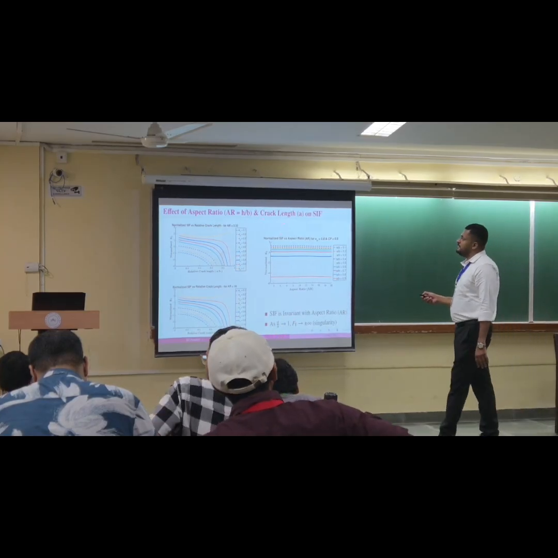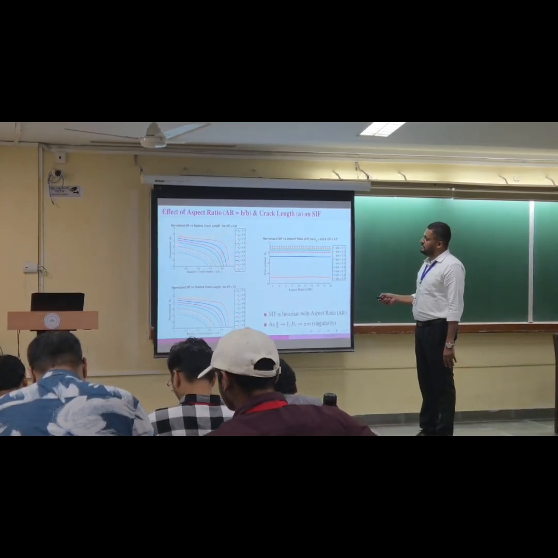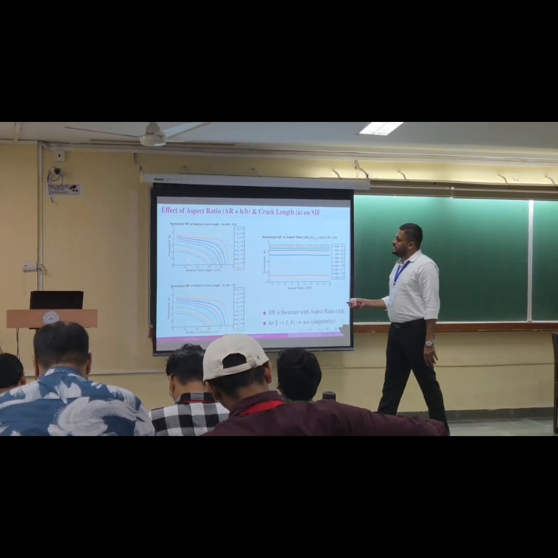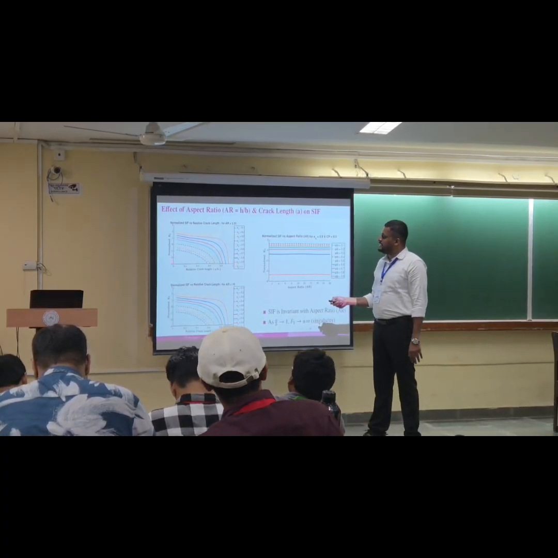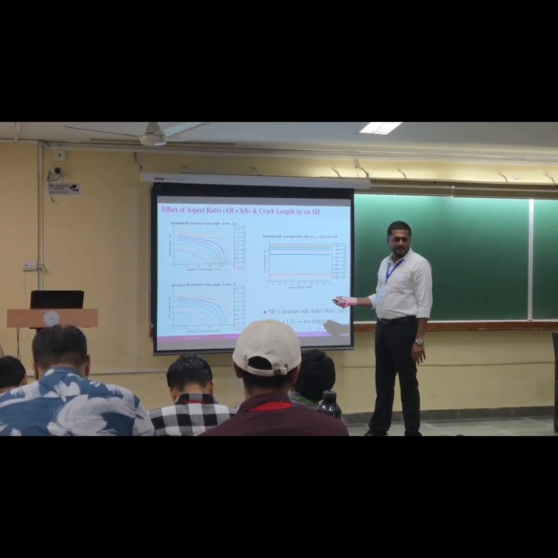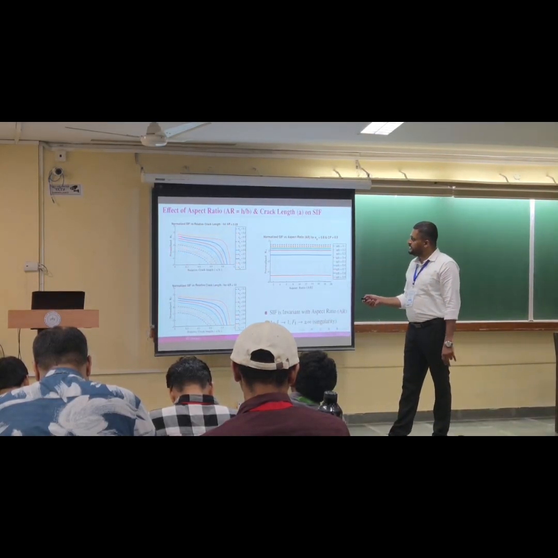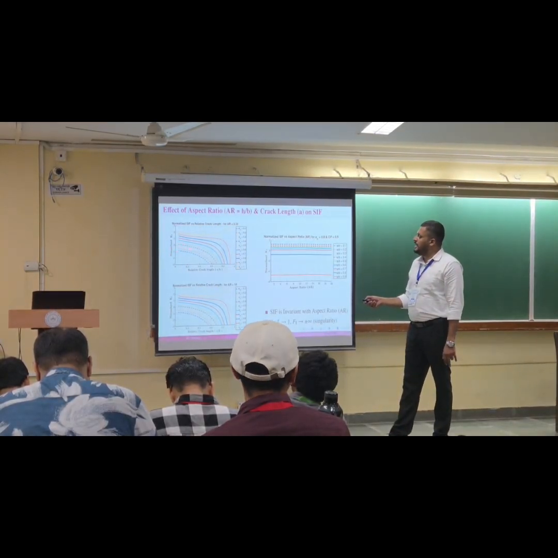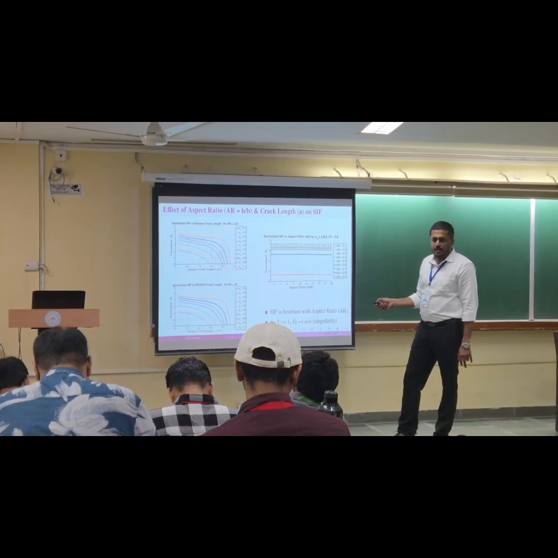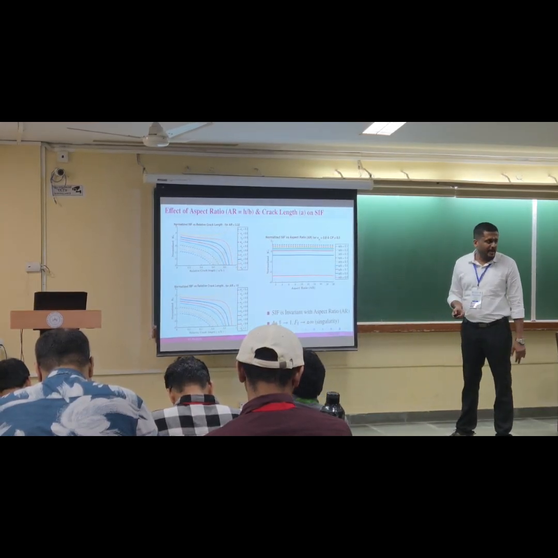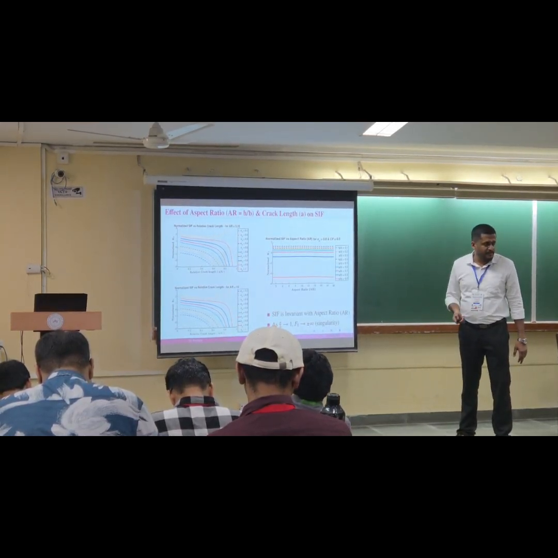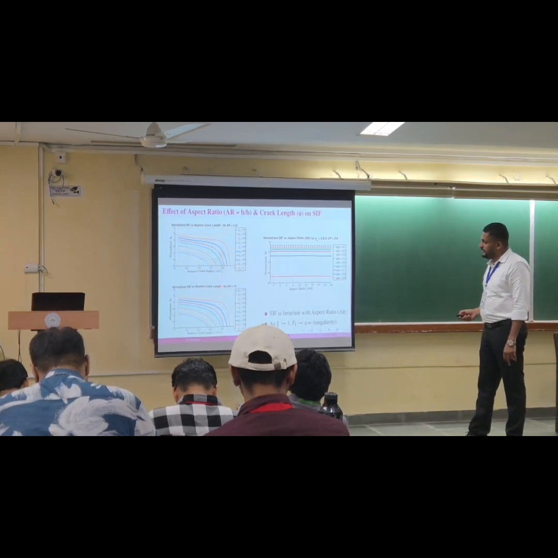Then to investigate the influence of the crack length, we can use the same graph here. See, when the crack length is increasing from 0 to 1, we can find that the SIF is varying from a finite value towards infinity, either negative infinity or positive infinity. That shows the singularity.